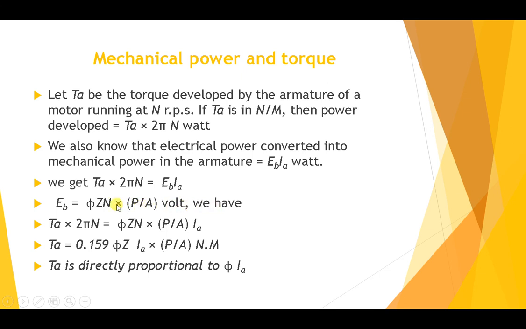We have Ta multiplied by 2 pi n is equal to, by putting the value of Eb in this equation, we get this equation. Now by finding Ta, we get this equation. So from this we can see that the torque is directly proportional to the flux and armature current.